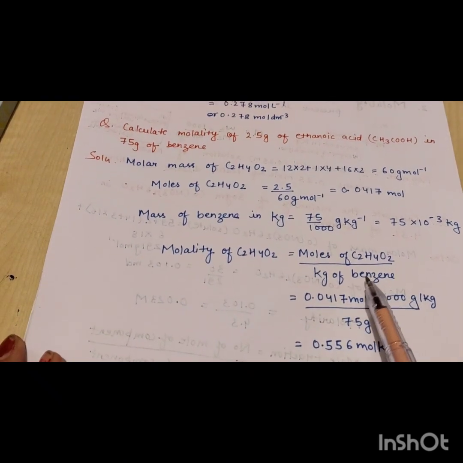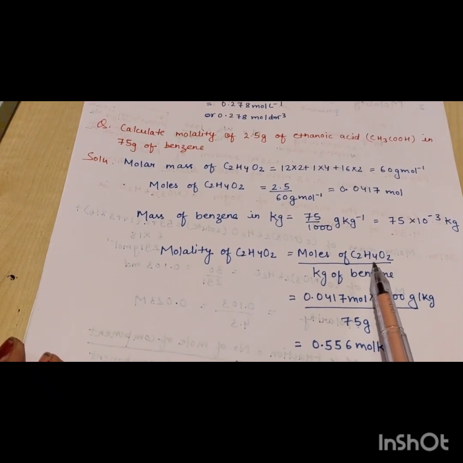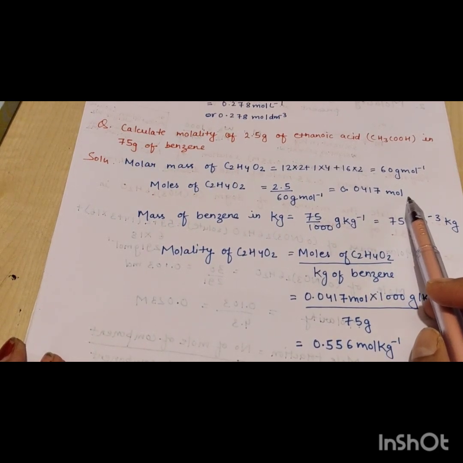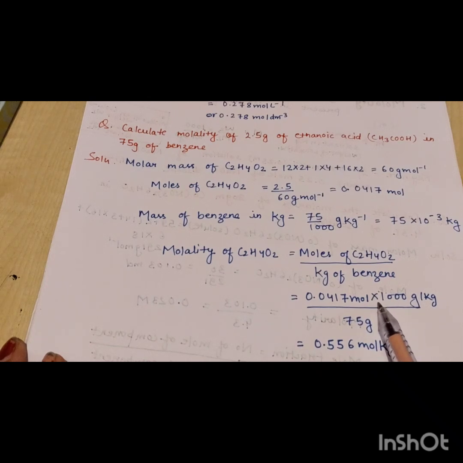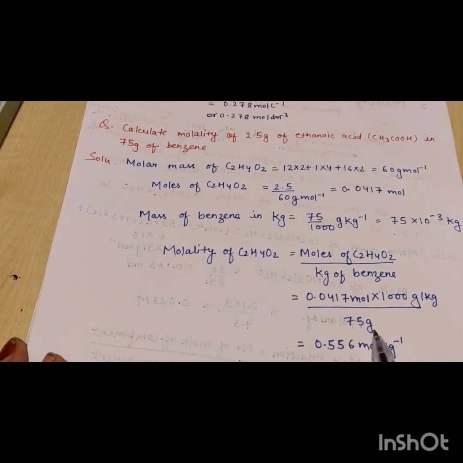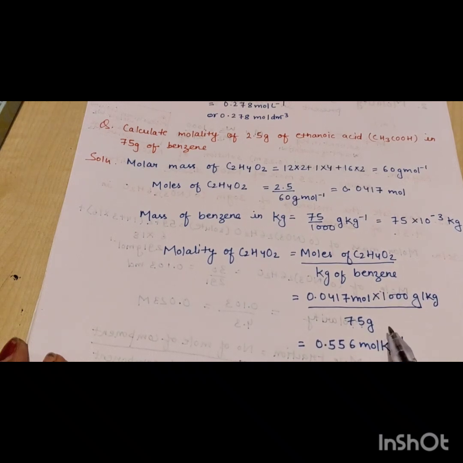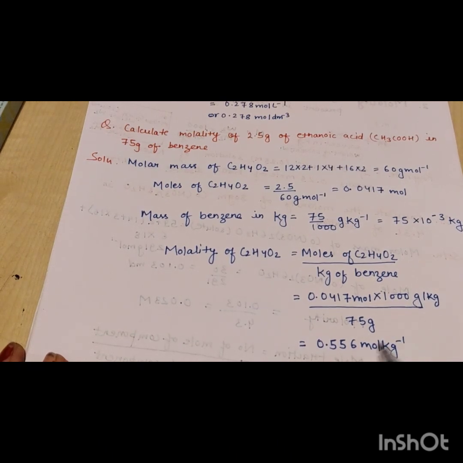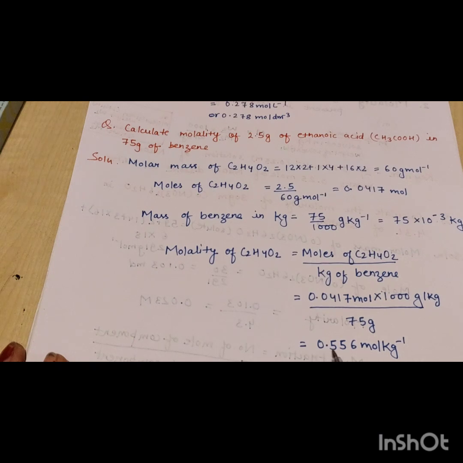Now the moles of C2H4O2 that we calculated is 0.0417 mole dissolved in 75 gram of benzene, the solvent, and it is given per kg, so we multiply by 1000 gram per kg, which equals 0.556 mole per kg, and this is the molality.